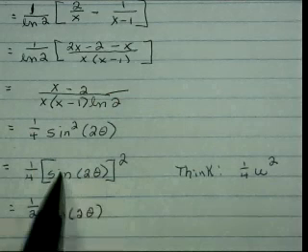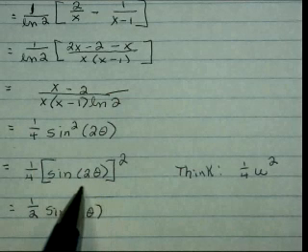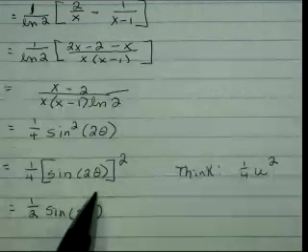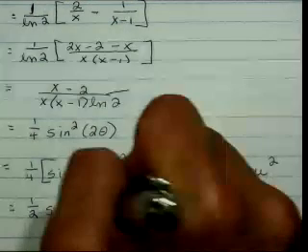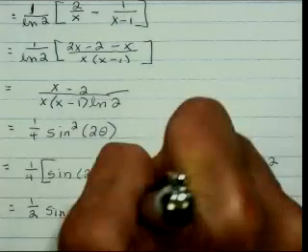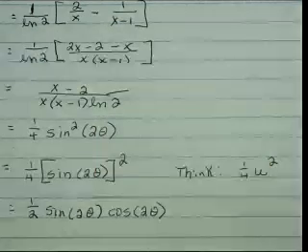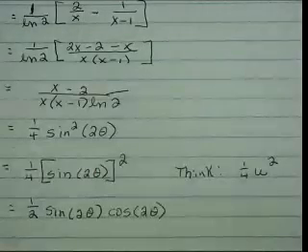The derivative of the ugly. All right, what is the derivative of sine 2 theta? Cosine 2 theta. But then what? The derivative of the 2 theta.